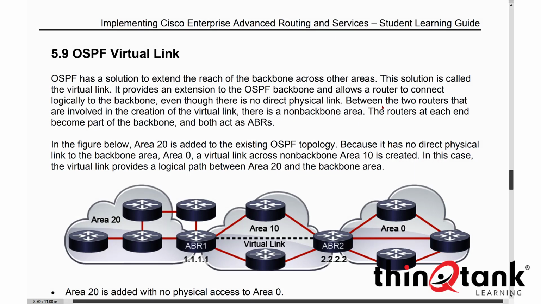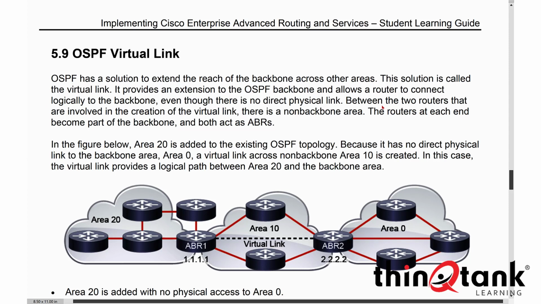All right, so the last thing we're going to talk about before we get into troubleshooting OSPF is what is an OSPF virtual link? I kind of hinted at this configuration option when we were talking about the requirements for OSPF and in some of the earlier sections.